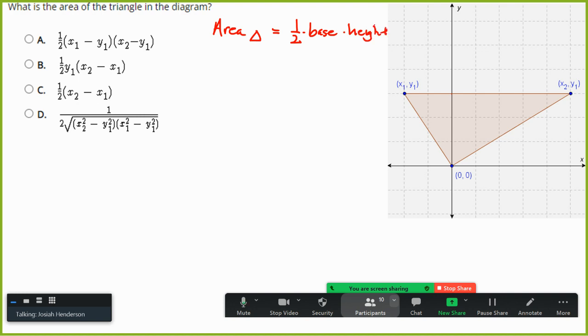Now, when it comes to finding the base, you can use any side you want. But I would say, always pick the side that's either vertical or horizontal because you can easily measure that. And if you do that, then the height should be easy to measure as well.